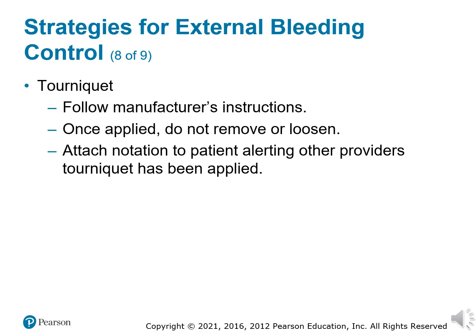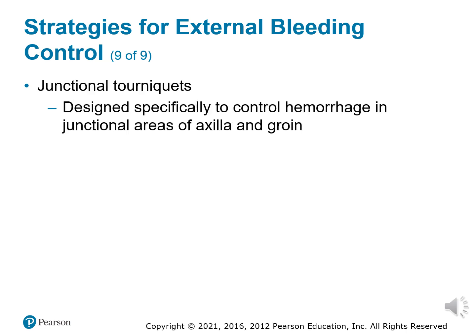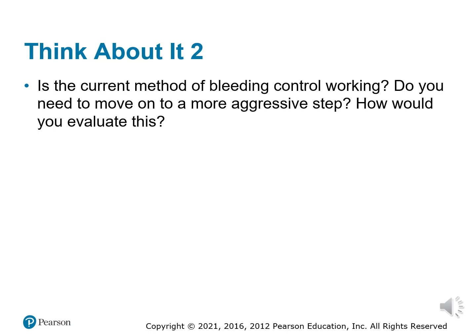Of course, you always want to follow the manufacturer's instructions. Once applied, do not remove or loosen it, and attach a notation to the patient alerting other providers that the tourniquet has been applied. The junctional tourniquet is designed specifically to control hemorrhage in the junctional areas of the axilla and the groin area.